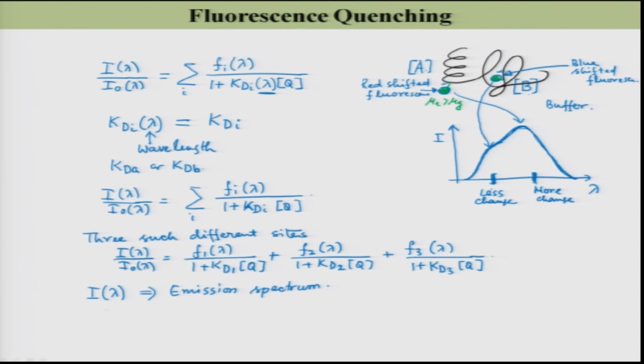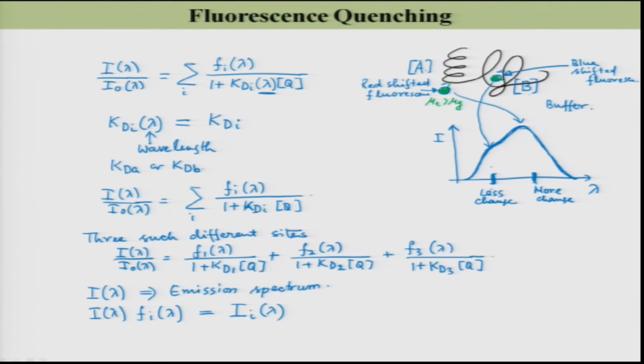So, if I multiply this I lambda by F_i lambda, that will give me the intensity for the ith site at this particular lambda. Obviously, this I lambda is a measured quantity. I will get this one, this is my I lambda.